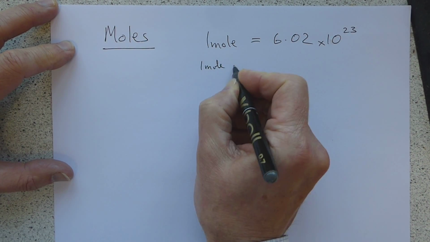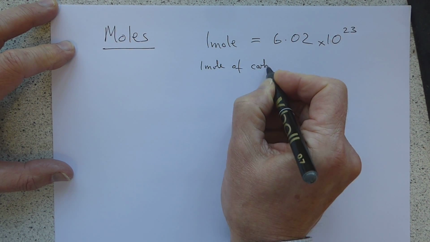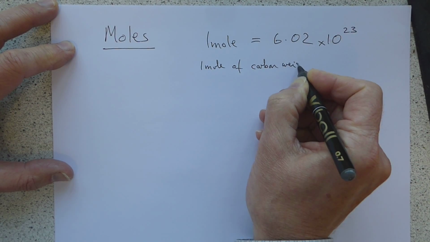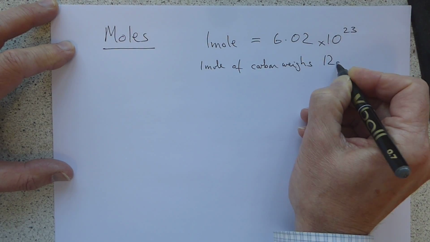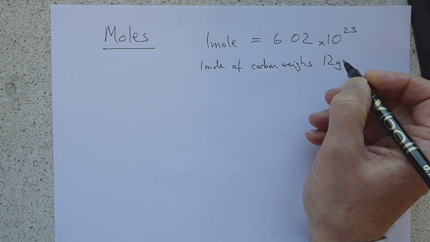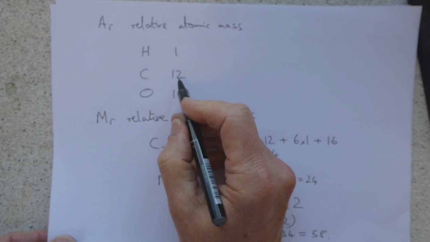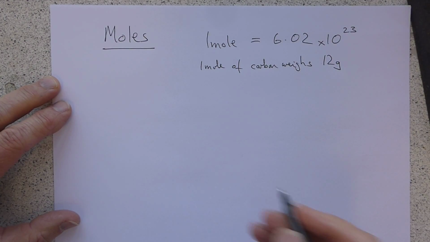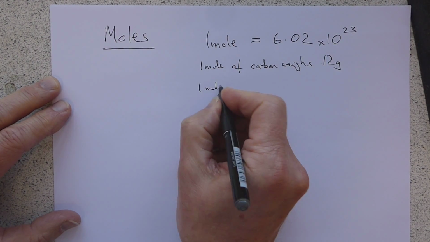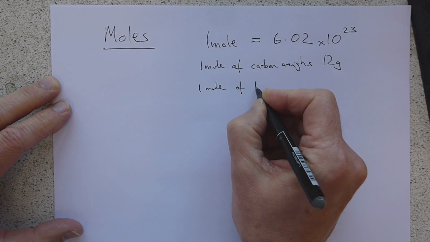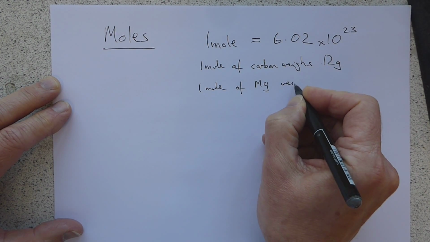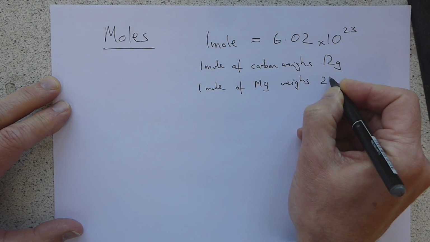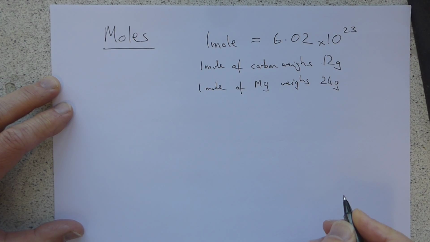So 1 mole of carbon weighs 12 grams. And as I said in the previous bit, carbon has a relative atomic mass of 12, and 1 mole weighs 12 grams. That's the same with any element. 1 mole of, let's say, magnesium weighs 24 grams because its relative atomic mass is 24.